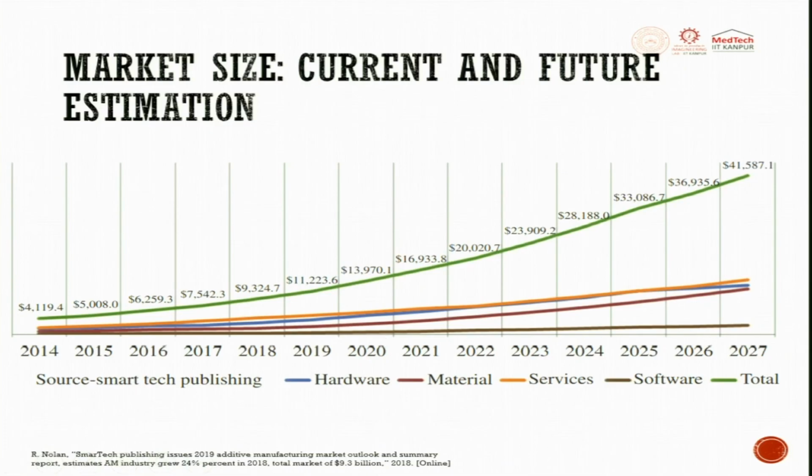When we start looking into market size, the current and future estimate, this is exclusively taken for metal. You can see here from 2014 to 2027 there is a gradual increase in total.